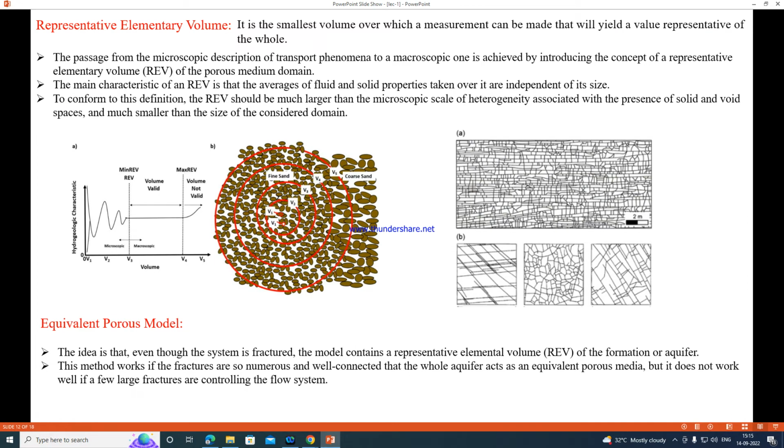While coming to the groundwater flow model concept, you need to know details about the representative elementary volume. Actually, before coming to representative elementary volume, you need to know the porous media and how we assume it.